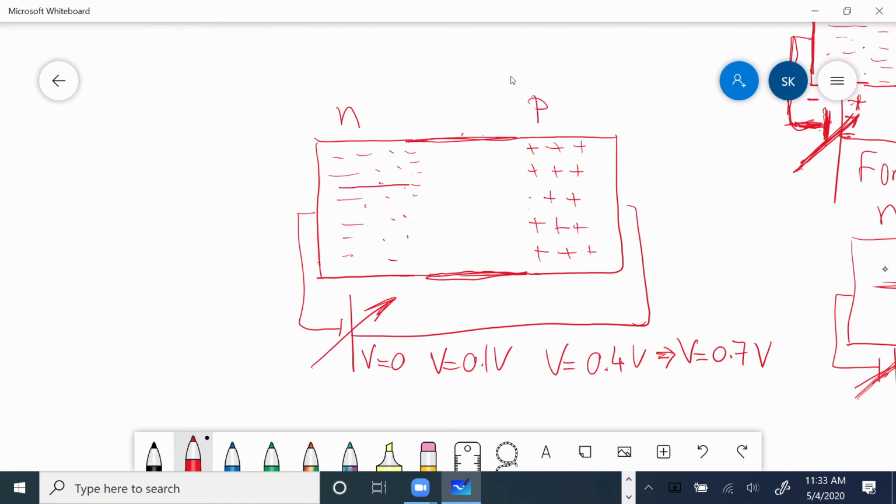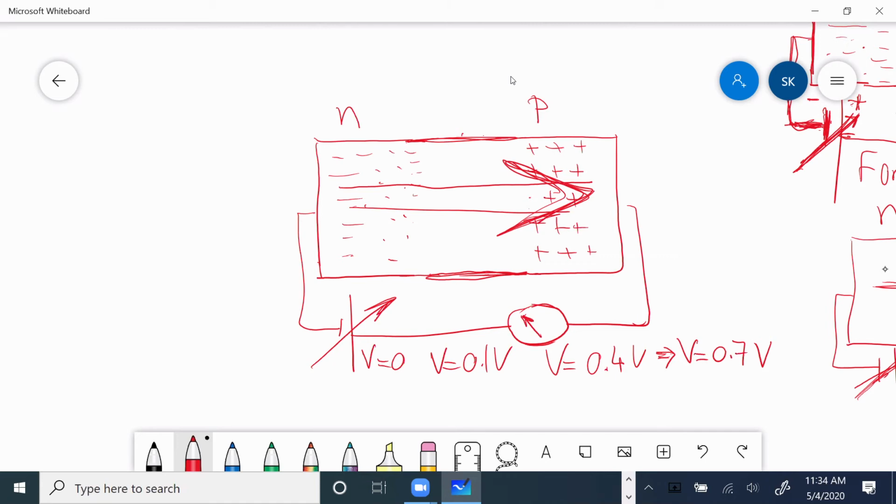Electrons can travel because of this battery, and a current will flow. So if I put an ammeter there, and there is a needle, that ammeter will deflect.